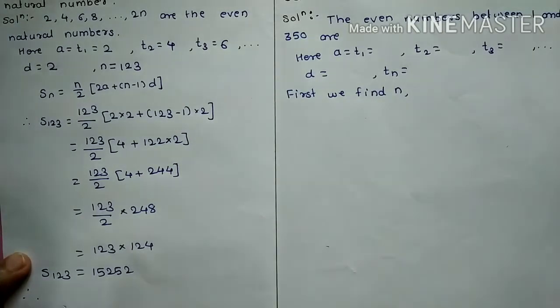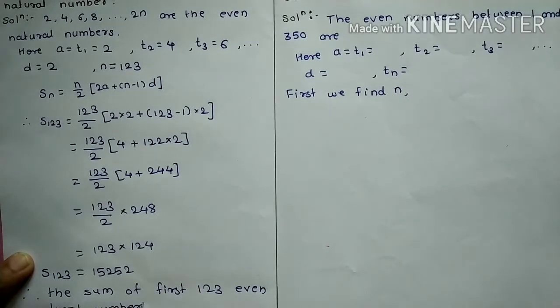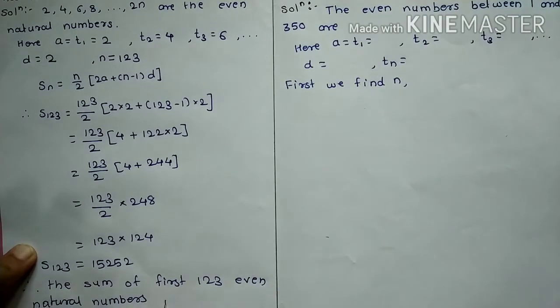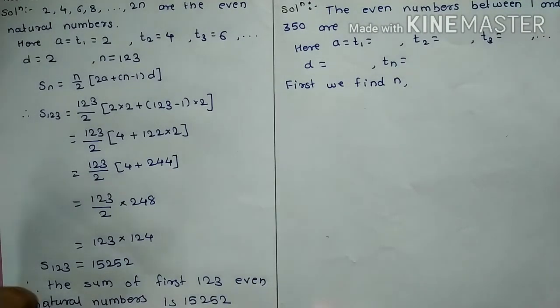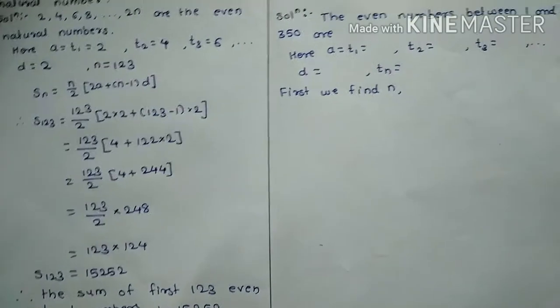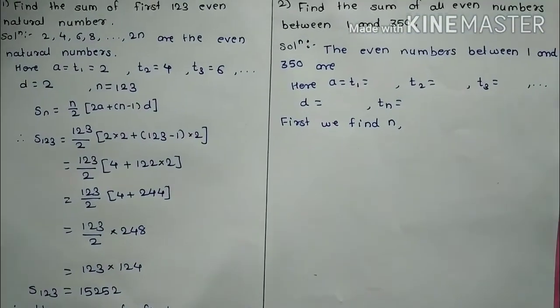Therefore the sum of first 123 even natural numbers is 15,252. Okay. Now we see second example.